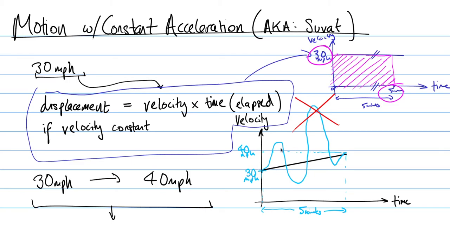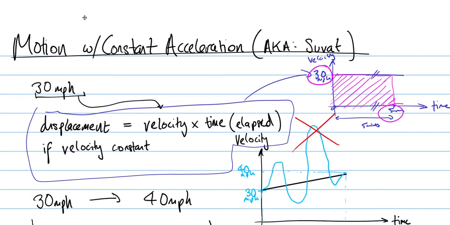In fact, this works even where we have crazy changing velocity: if we consider the area under the graph, we get the displacement in that amount of time. But we'll look at that later. At the moment, we're just focusing on the linear case.